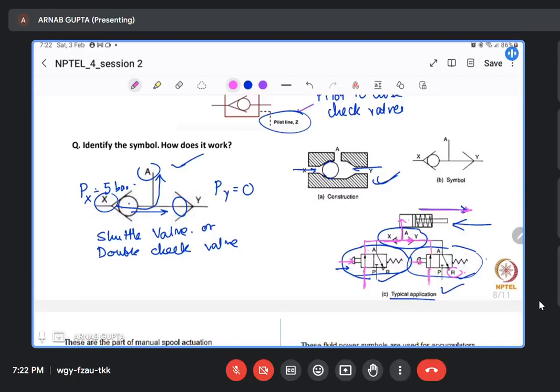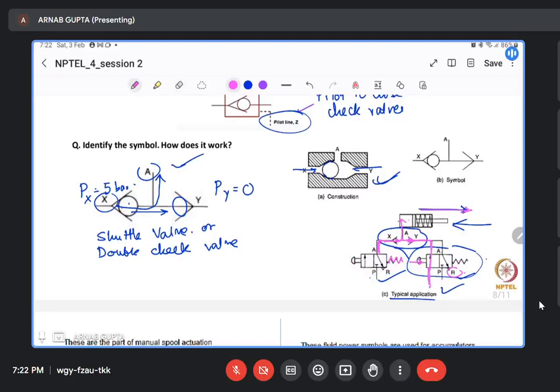So the liquid will be flowing from this side to here, and since this has a spring loaded onto it, as you let this push button go, this configuration of the valve will be retained.